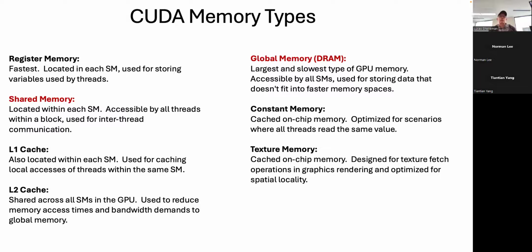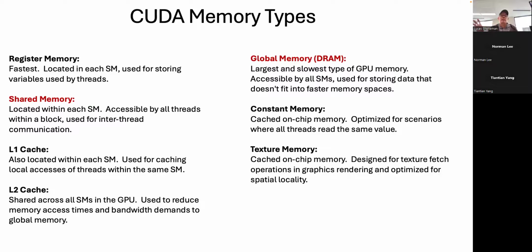And so, what are the memory types? Again, there's a whole bunch of them: register, shared, level 1 cache, level 2 cache, global memory, constant memory, and texture memory. The texture memory is like a holdover from graphics, where it can actually hold textures that you're going to apply when you're texturing a scene or an object in a scene.